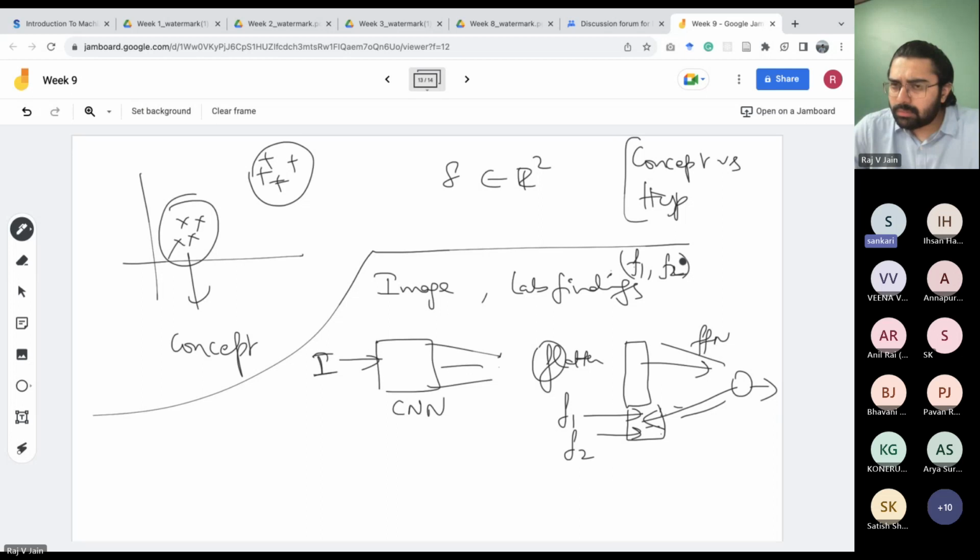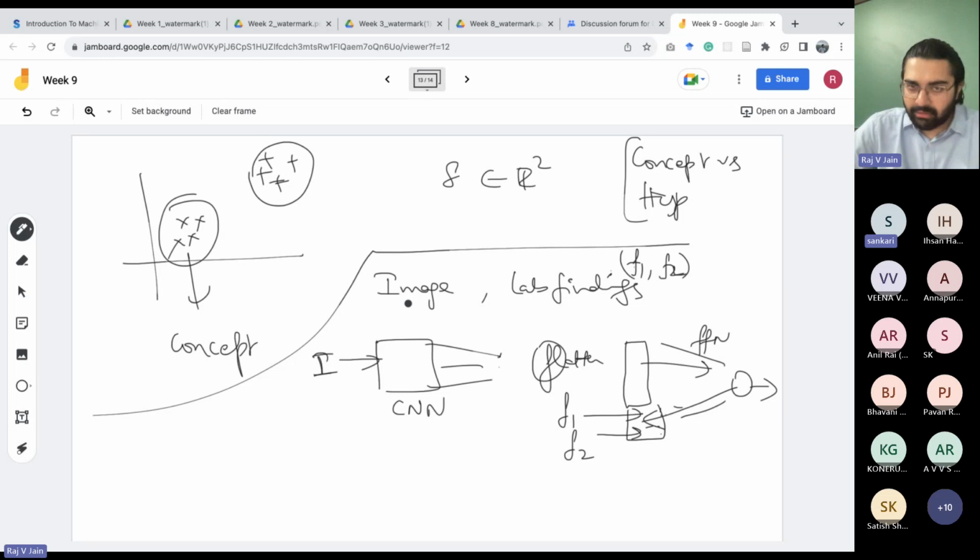When we combine the data findings, the lab findings and the image, both are in different characteristics, right? So how will you make the decision on the output side? What is the decision that you want to make? You want to make whether the person has some disease or not.